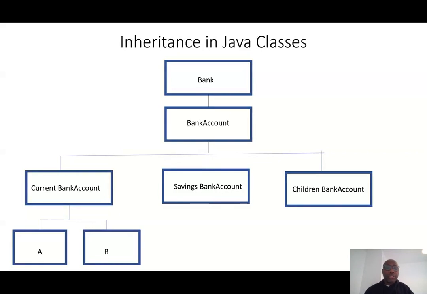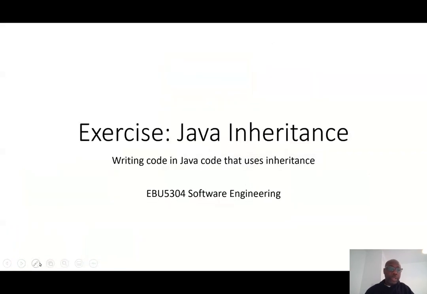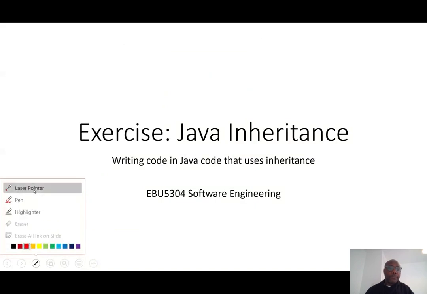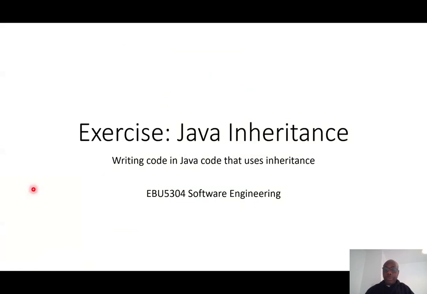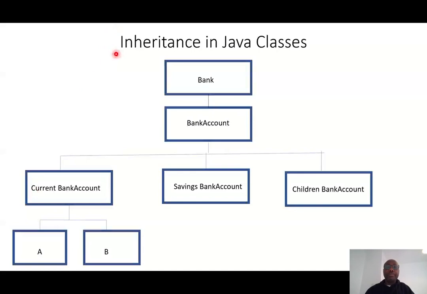So let's look at this diagram. Let's have a diagram on, say, the banking system. If you have a bank as an institution, you can represent it as a class in your Java code.